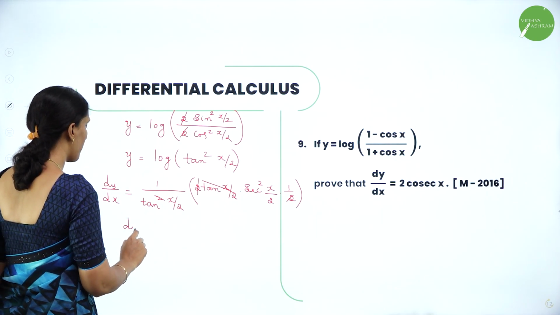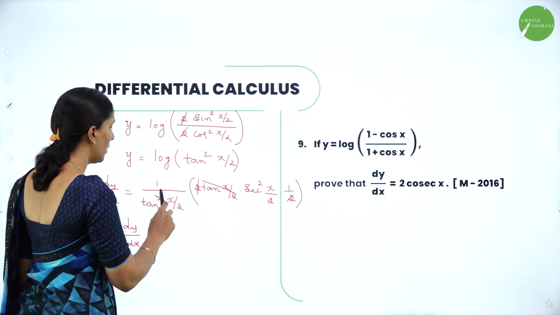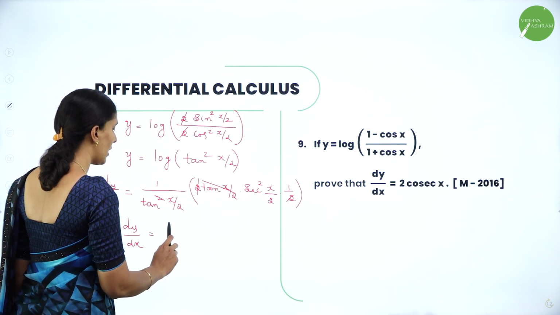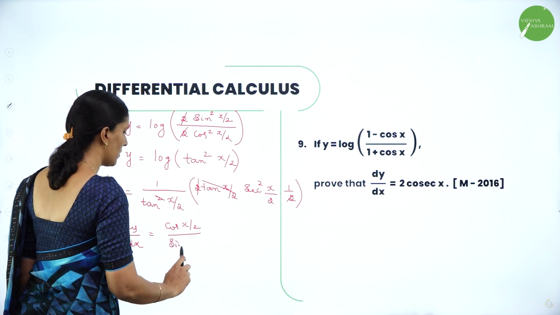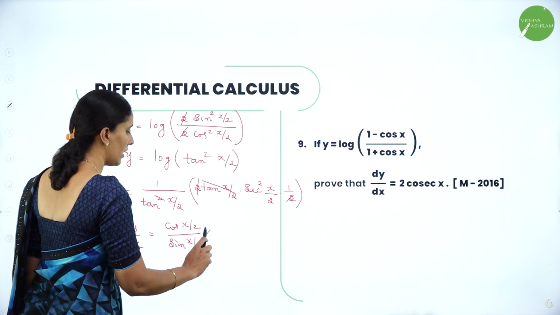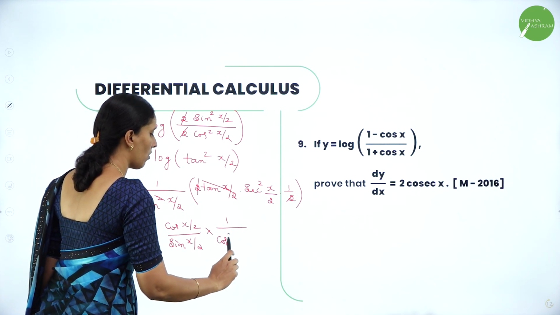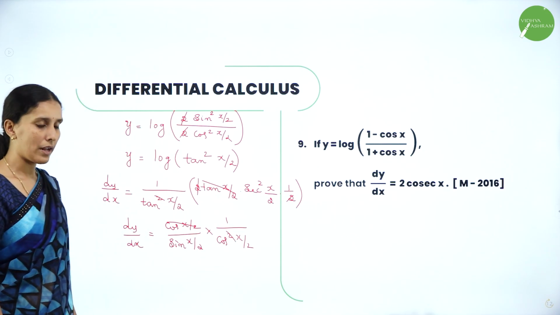Next we have dy by dx is equal to 1 divided by tan x by 2, which can be written as cos x by 2 divided by sin x by 2, into secant square x by 2, which can be written as 1 divided by cos square x by 2. So cos x by 2 cancels here.